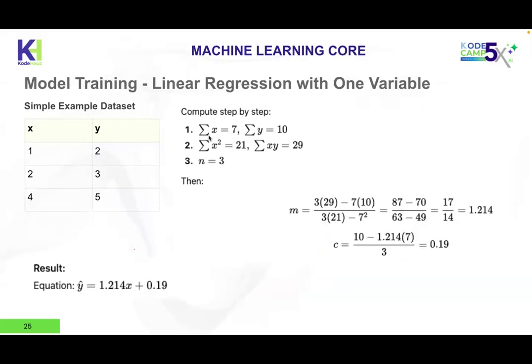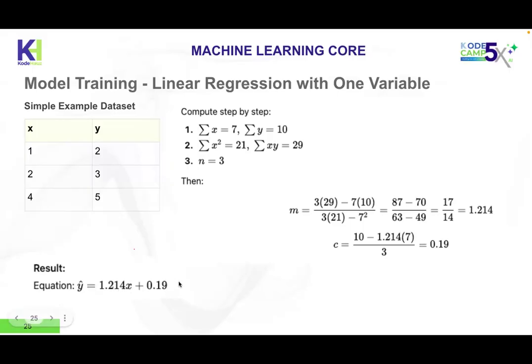So in this situation here, we use our same analytical method to just slot in the values into those equations that we had. And we immediately calculated that for these 3 points, X and Y points, M is 1.214 and C is 0.19. And you can slot that to get your equation: Y equals 1.214X plus 0.19.